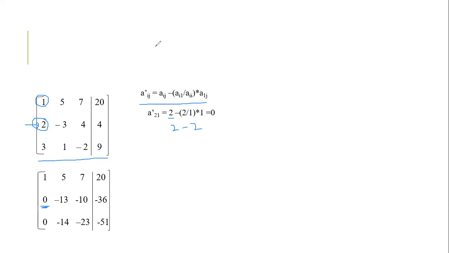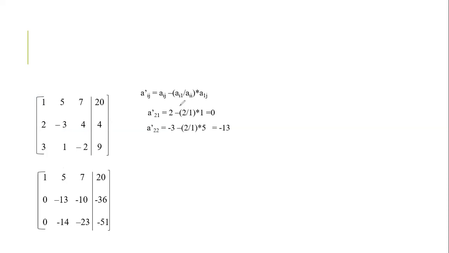Let's do the computation for the remaining elements in the row. So for A22, you have -3.